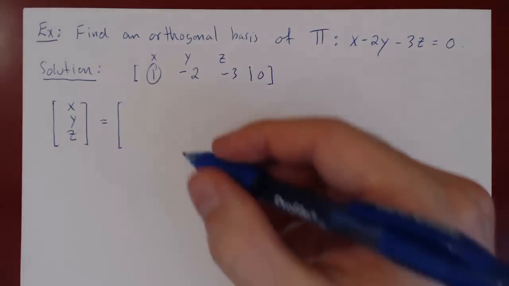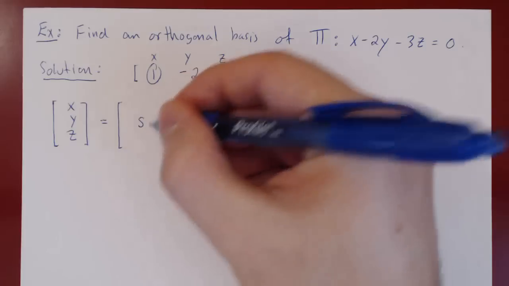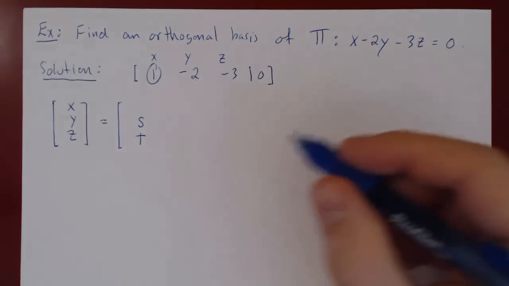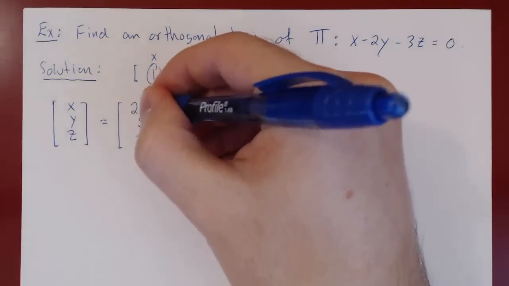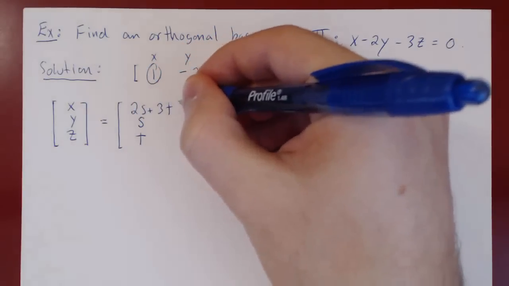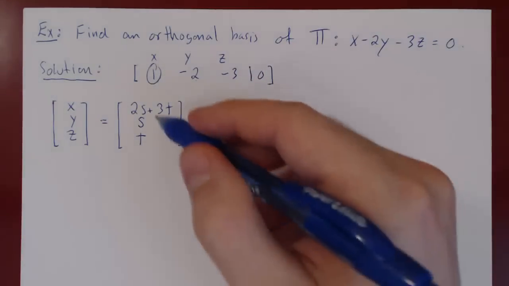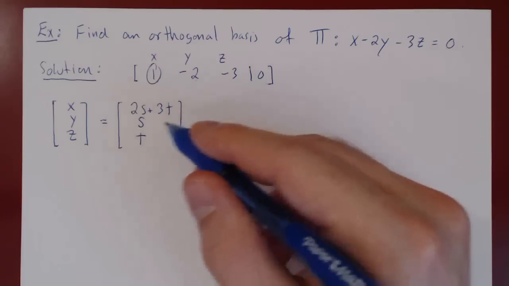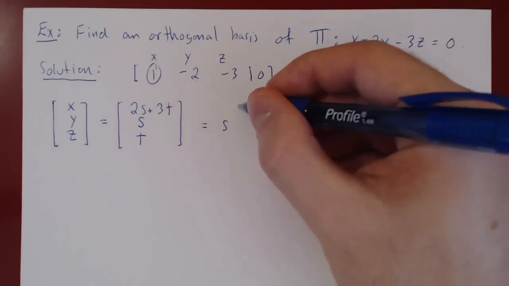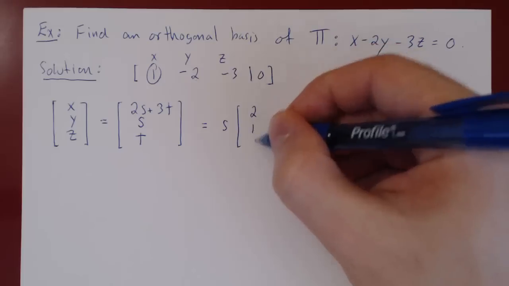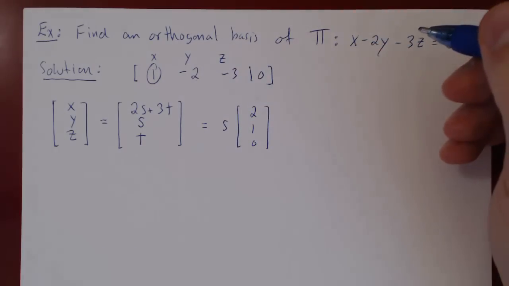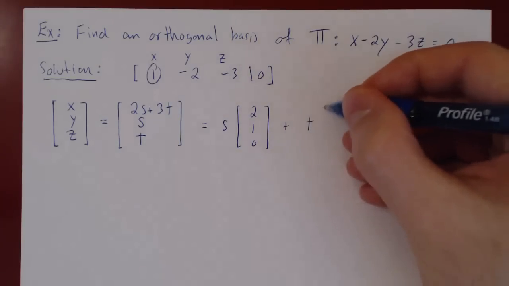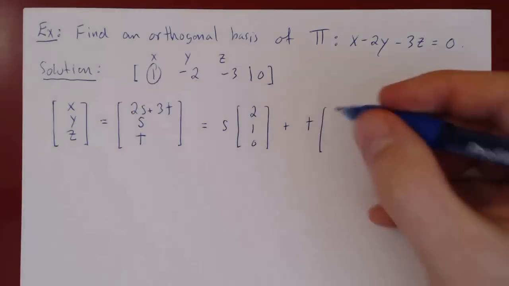Y and z are free variables, so let y be, say, s, z be t, and if you solve for x, you will get 2y plus 3z, therefore 2s plus 3t. As always, if you want from this to extract the basis of the plane, split up the two parameters, s and t. This will be s times the vector 2, 1, 0, plus t times 3, 0, 1.